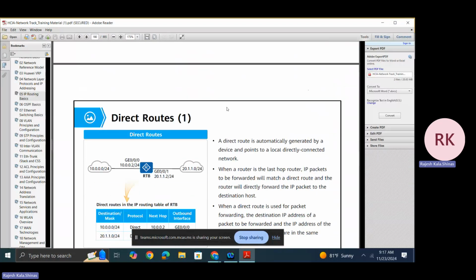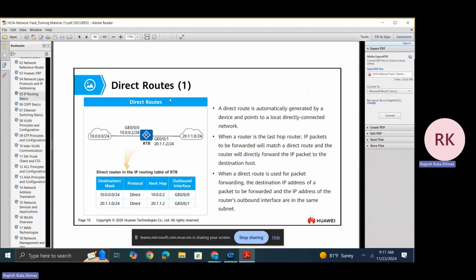We will discuss those later. See direct routes. Again, what is a direct route? From R to RTB, I have two different routes. One is connected via 10.0.0.0 to G0/0/0. When I configure an IP address on G0/0/0, this becomes another network. So the first network is the Direct protocol, 10.0.0.0/24.